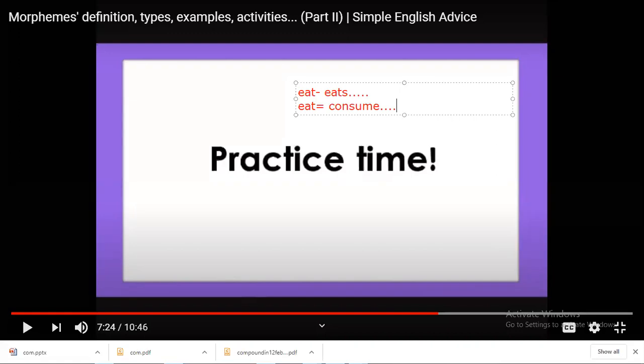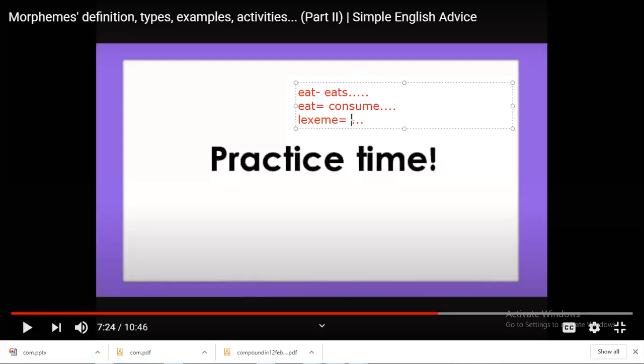Eat and consume are two lexemes, but eat, eats, eating, eaten, these are words. Remember this, I'm saying two terms right now: words and lexeme, right? If I wanted to talk about lexeme also, I thought you'd be confused, so you drove me toward the point.